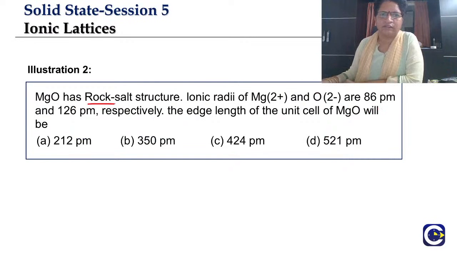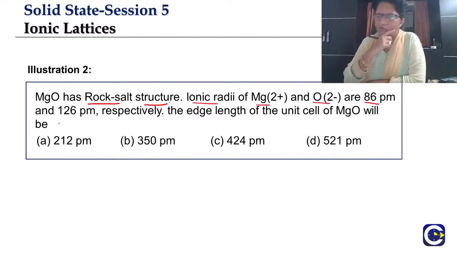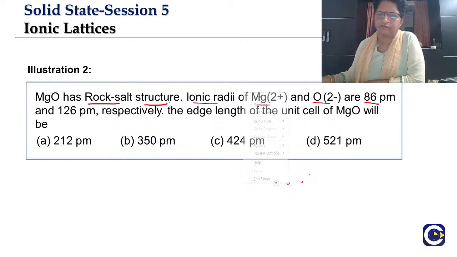Magnesium oxide has a rock salt type structure. Good. The ionic radii of magnesium and oxide ions are given. In the case of a rock salt structure, we have lattice points at the corners and also at the edges.